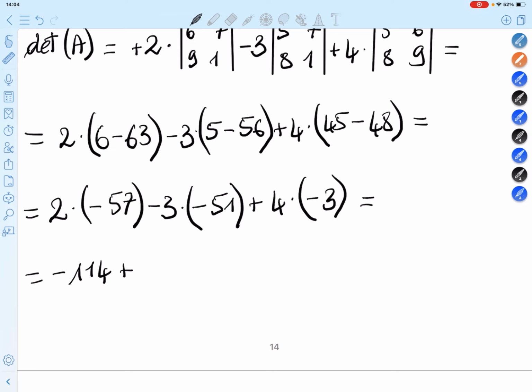Then negative times negative would give me a positive, so we have 3 times 1 would give me 3, 3 times 5 would give me 15. Then here we have a negative 12.